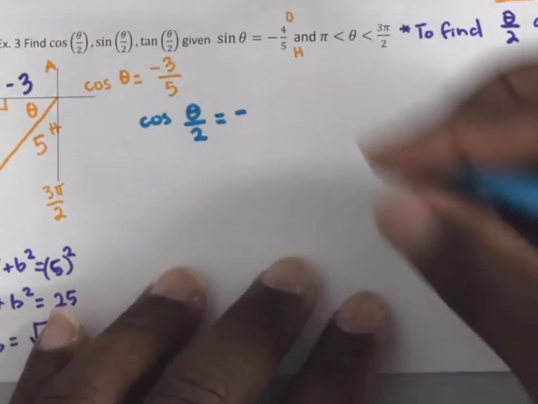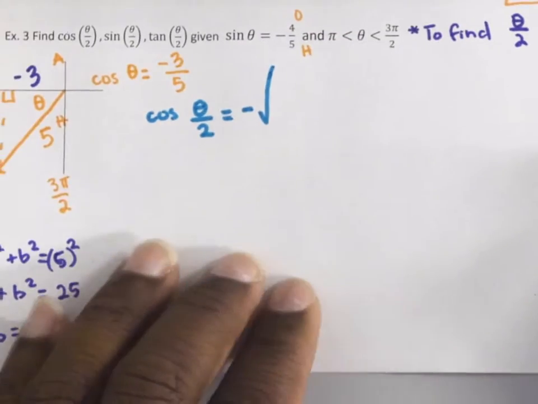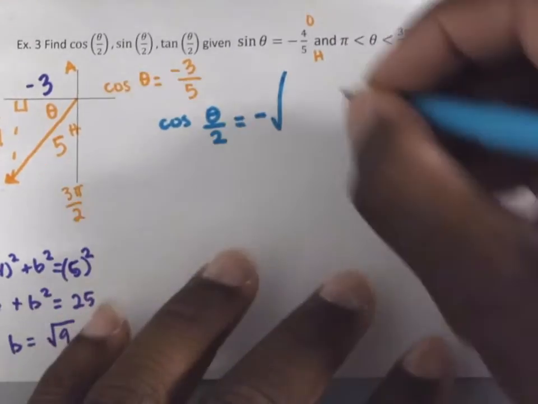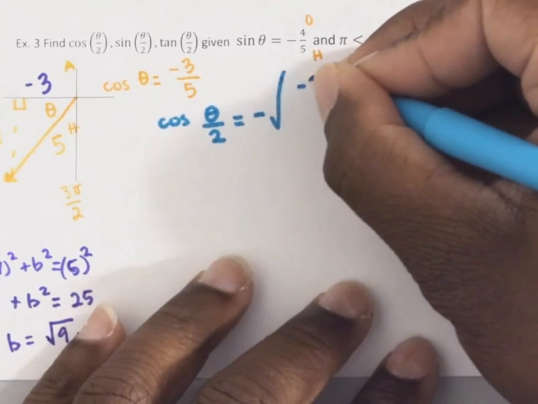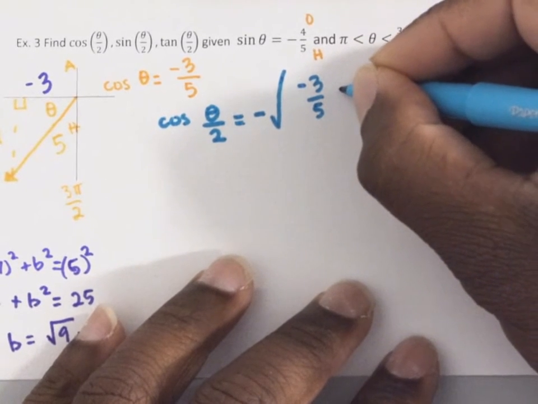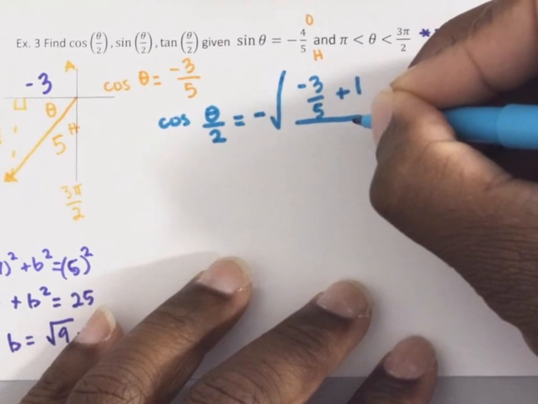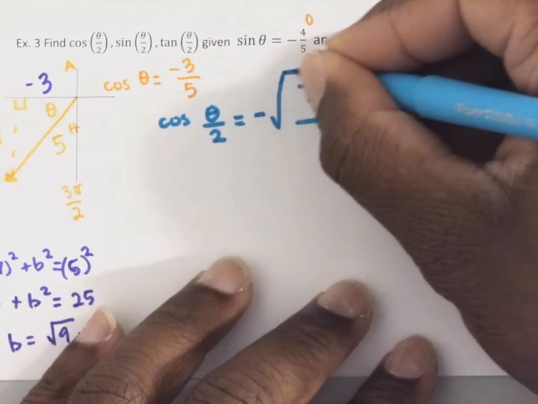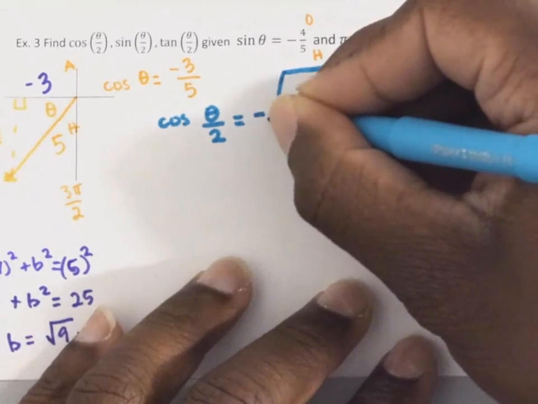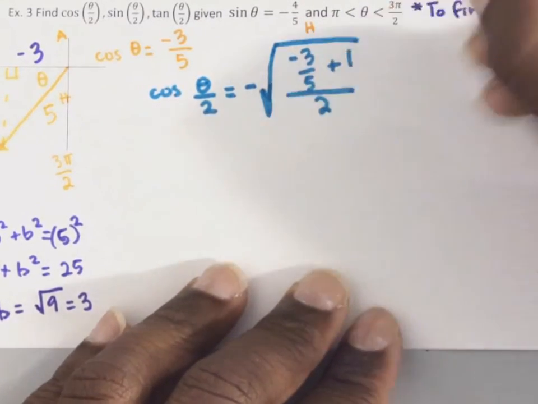So it's going to be negative square root of cosine's ratio, which we found to be -3 over 5, plus 1, divided by what? 2. And this is why I wait until the end to do my radical, because it's never long enough.